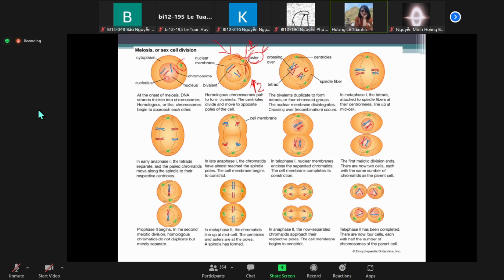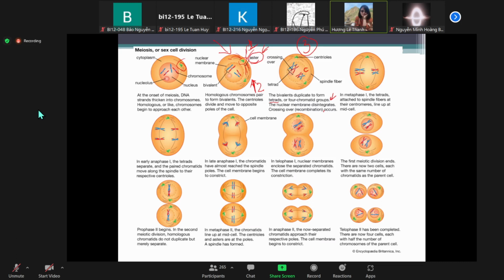So in the next step, step number 3 here, the bivalent duplicates to form a tetrad, or a group of 4 chromatids. Tetrad is the 4-chromatid group.